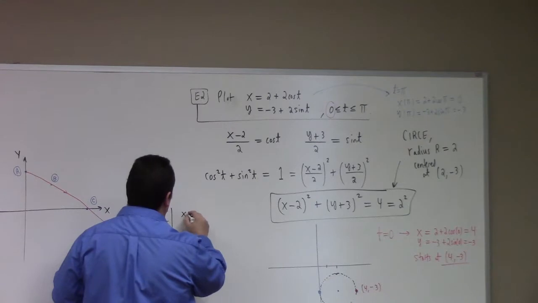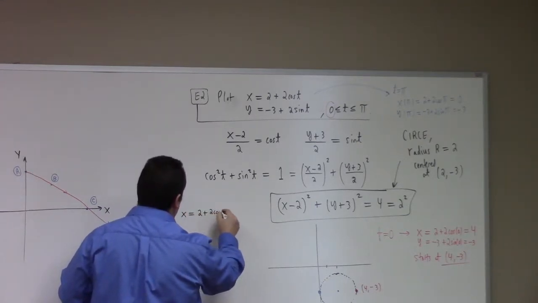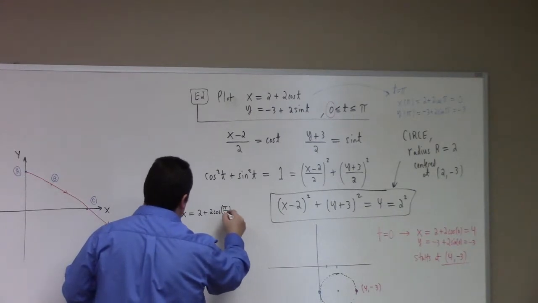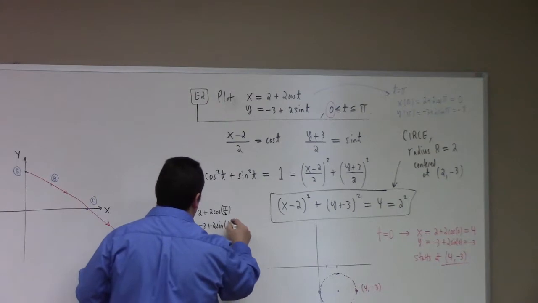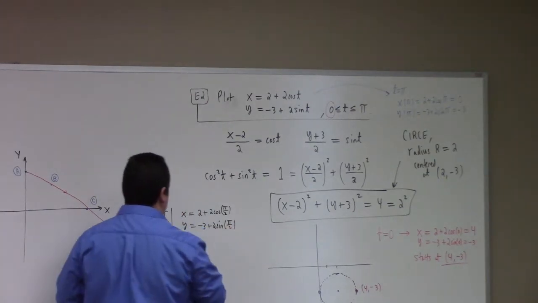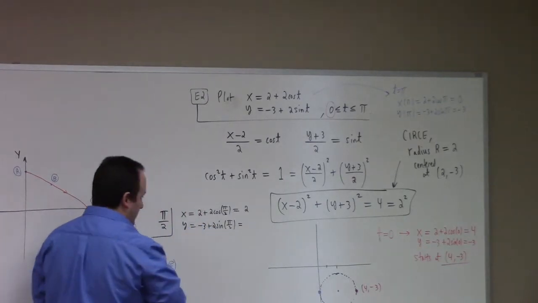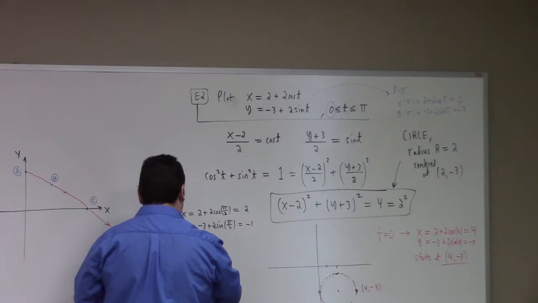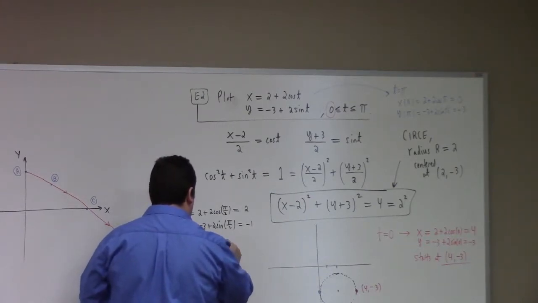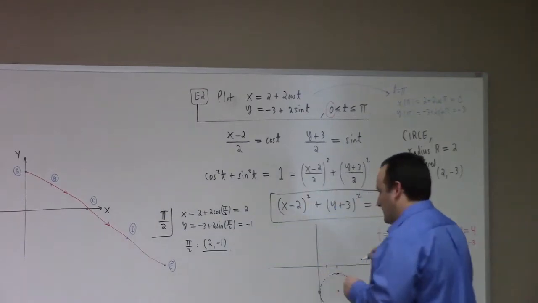So x of pi over 2 is what? 2 plus 2 cosine pi over 2. Y is minus 3 plus 2 times the sine of pi over 2, which is what? That's 2 and minus 1. So pi over 2 gives me the point 2 comma minus 1, which is this guy.